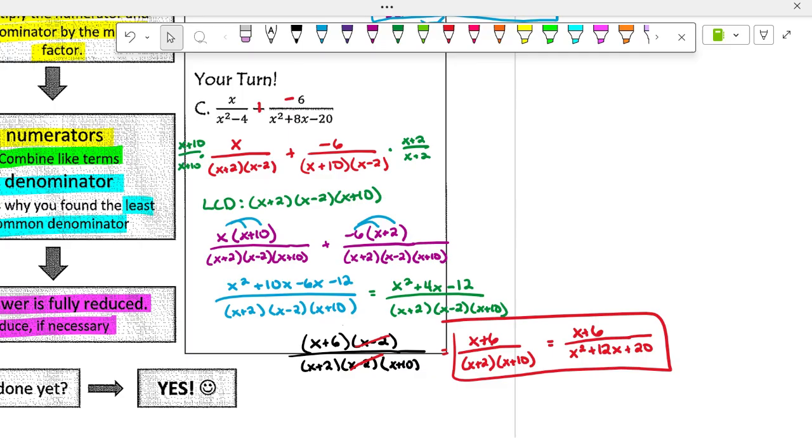All right, so here's what I want from you guys now. I want everyone to take out a sheet of paper. If you need it, they're on the shelf.